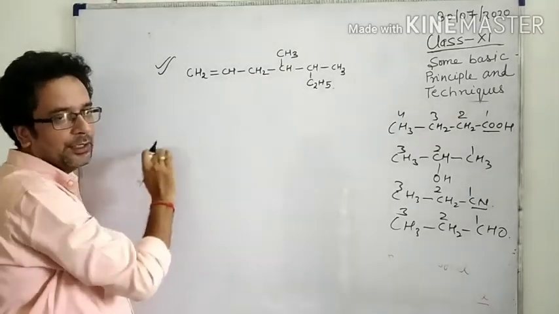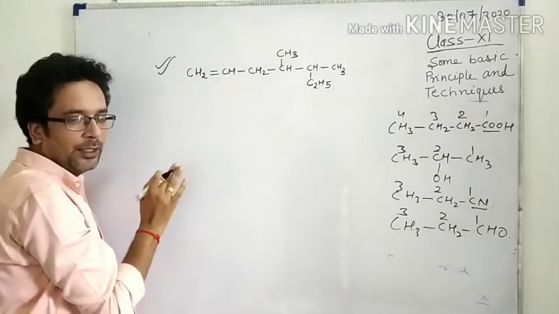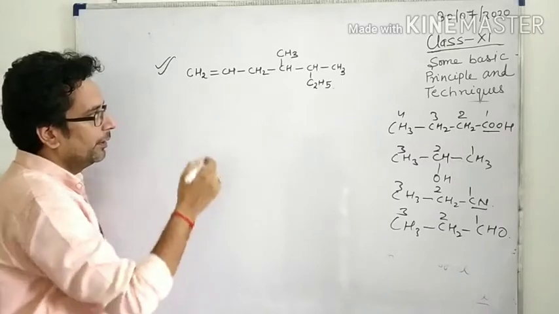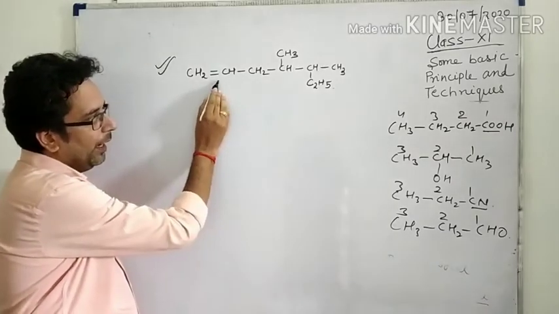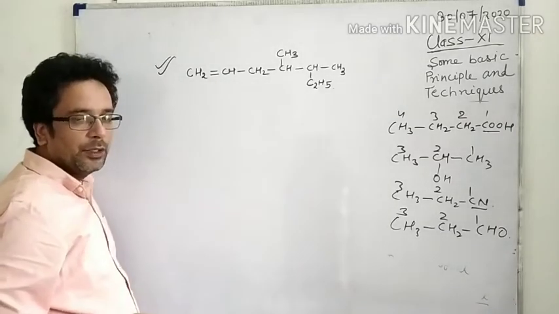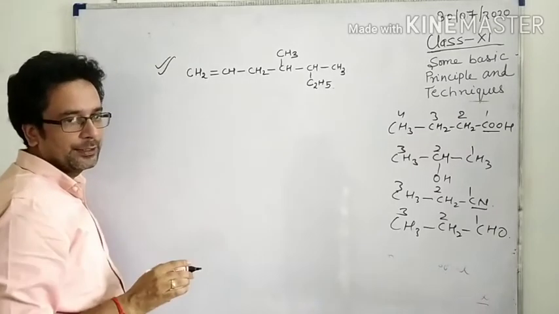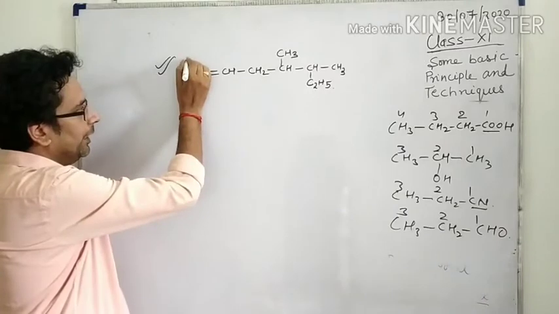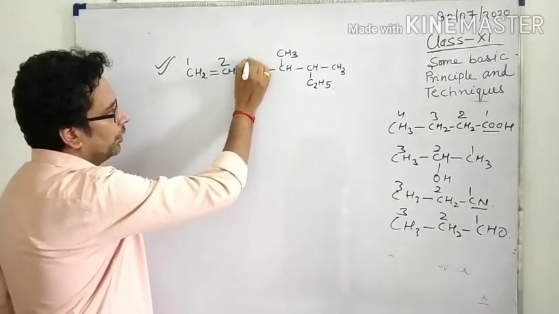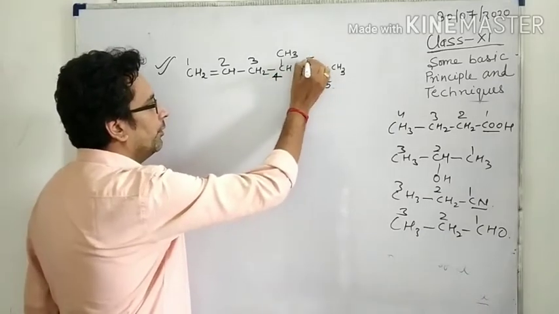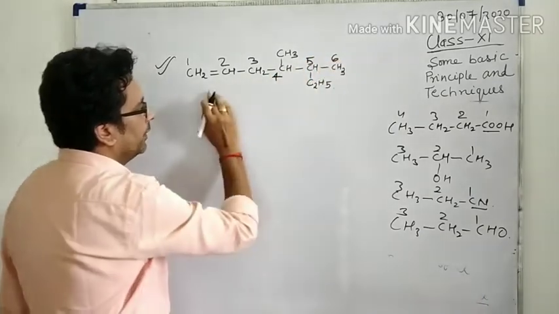The rule is that we select the longest carbon chain, and we number the carbons from the side to which the double bond or triple bond is nearest. So numbering from this side 1, 2, 3, 4, 5 and 6. Okay.